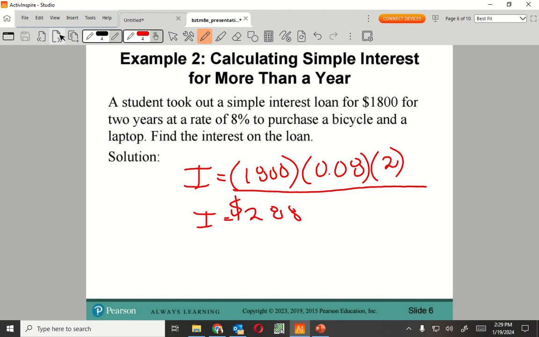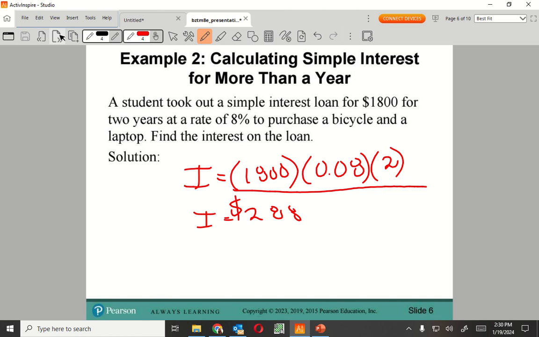On top of your 1,800. So total, how much would you give to Steve? How much total do you give back to Steve? Yes, it is 288.